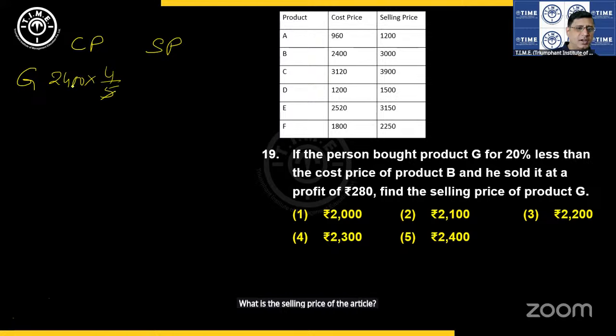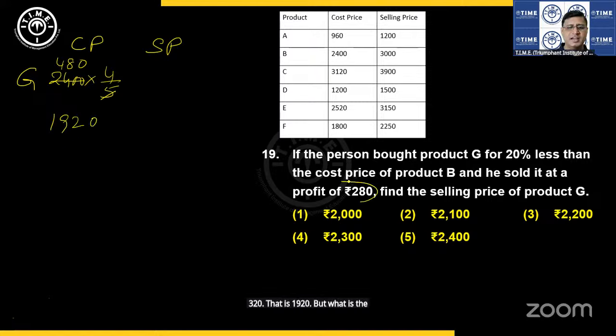Here 5 was how many times? 5, 4 times, 8 times, and 0. 5 4s are 20, and 8 times 40, and 0. Now what is the cost price? 4 times of 400, 1600 plus 320. That is 1920. But what is the selling price?